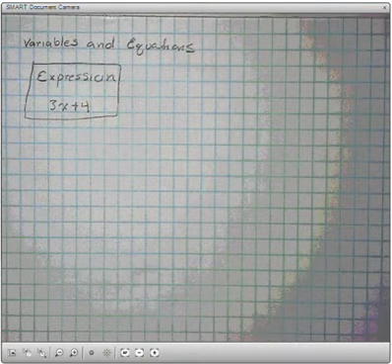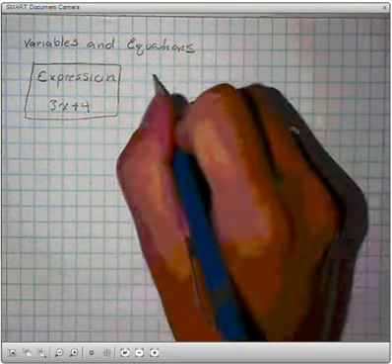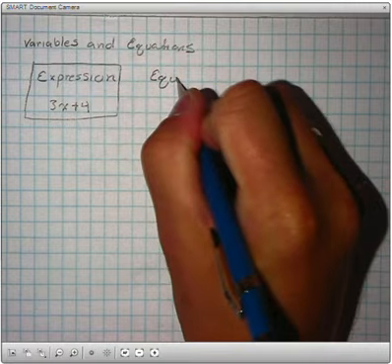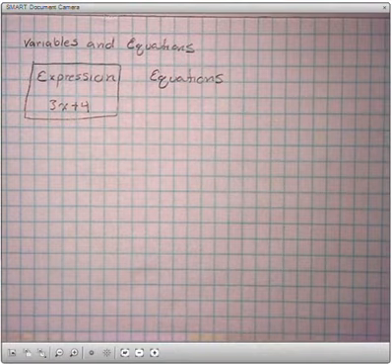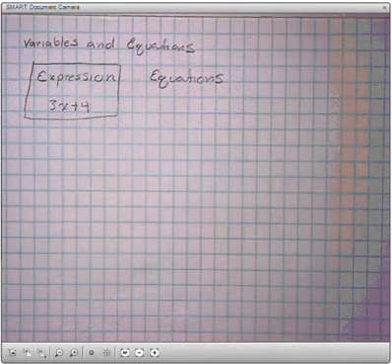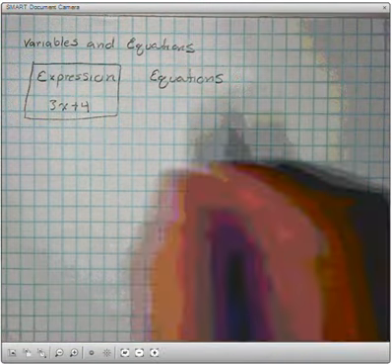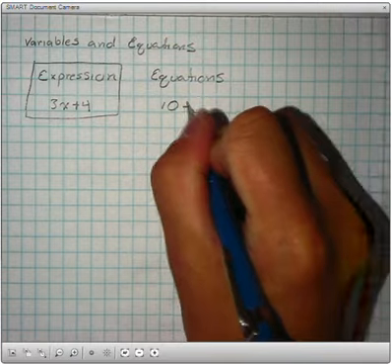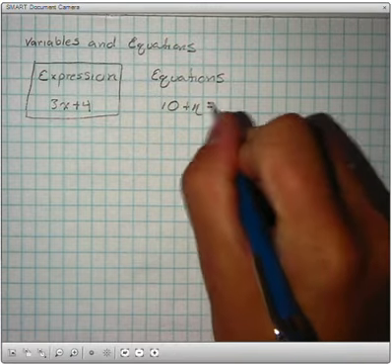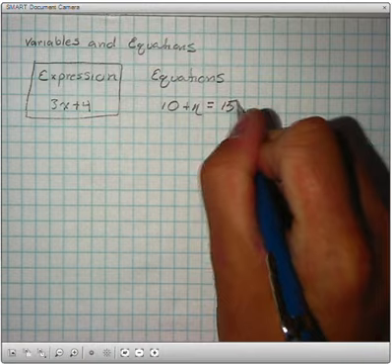This week we're going to be looking at equations. In equations, our root word being equals, does have an equal sign. It's a problem like 10 plus a number equals 15.